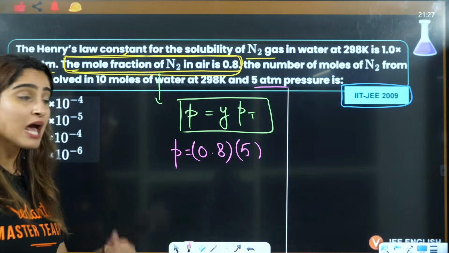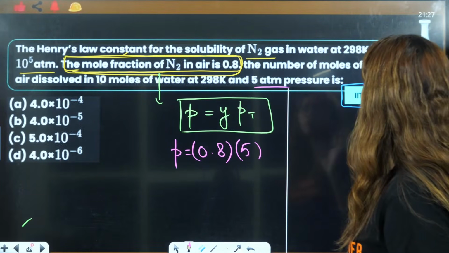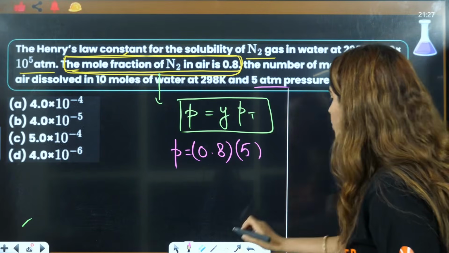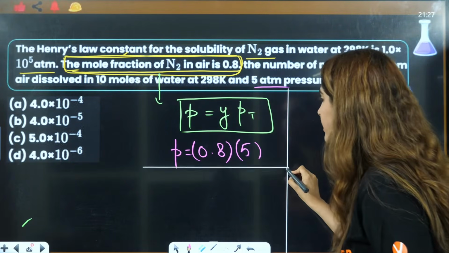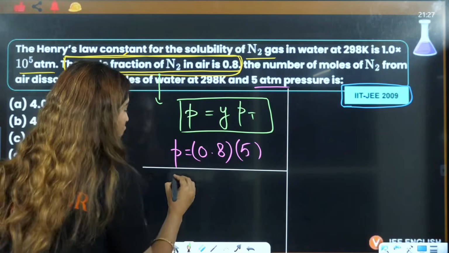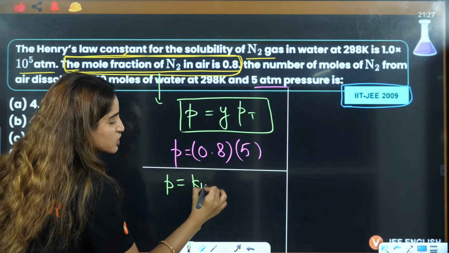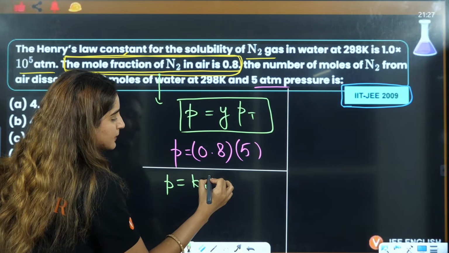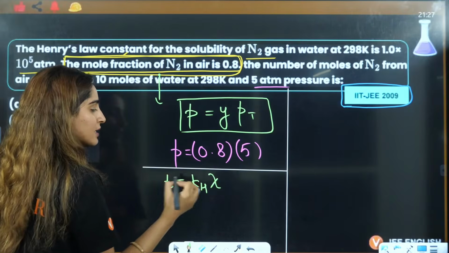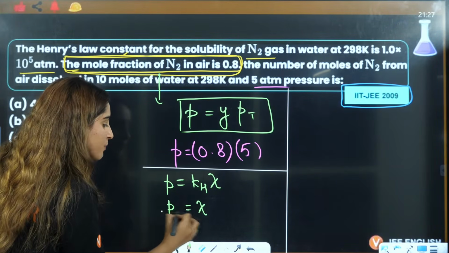Now they are asking you the number of moles of this. We have calculated the partial pressure. From Henry's law, we know that partial pressure equals KH into mole fraction. That means mole fraction will be partial pressure divided by KH.